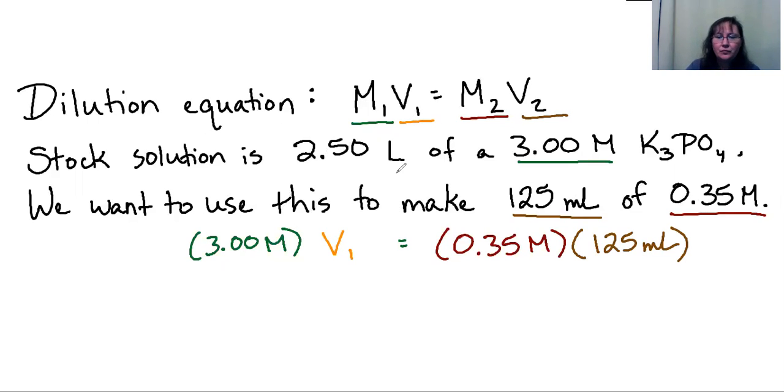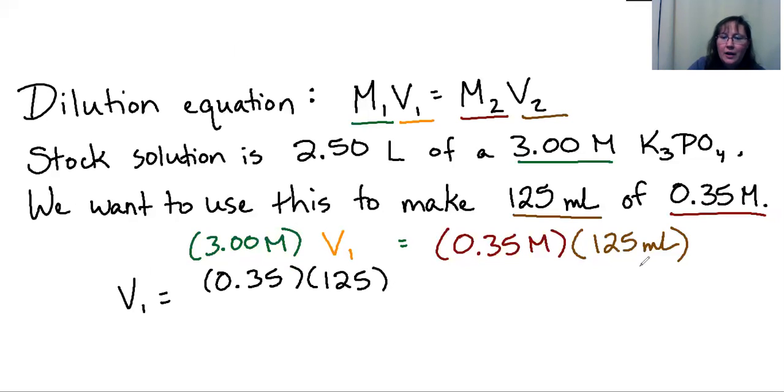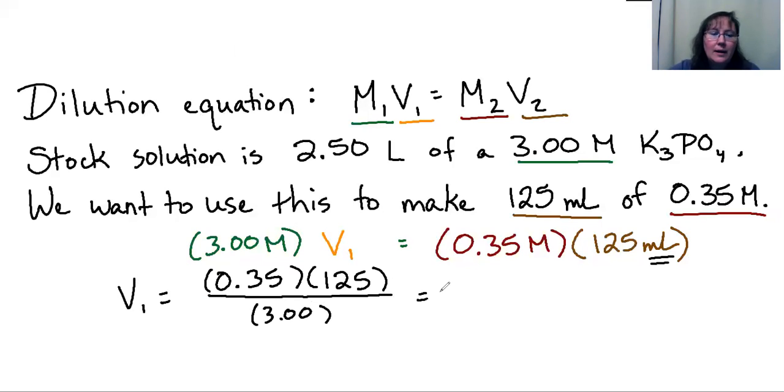All right, so let's solve for our V1. V1 is equal to 0.35 times 125. Notice that this is in milliliters, divided by 3 molar. You can leave this in milliliters as long as they agree.